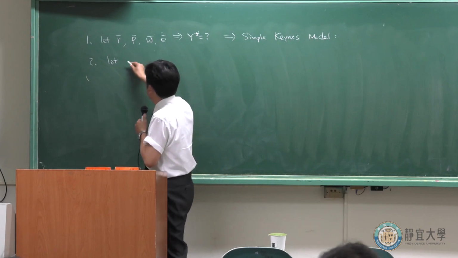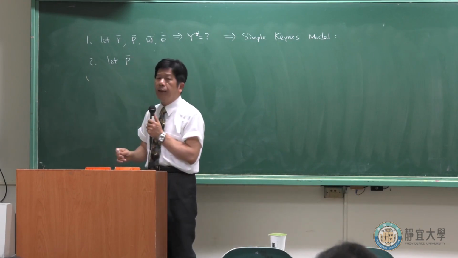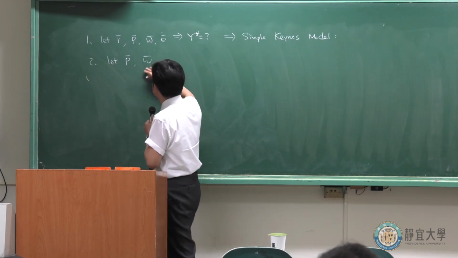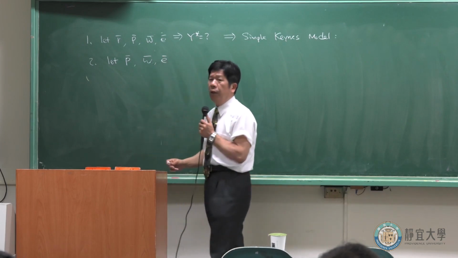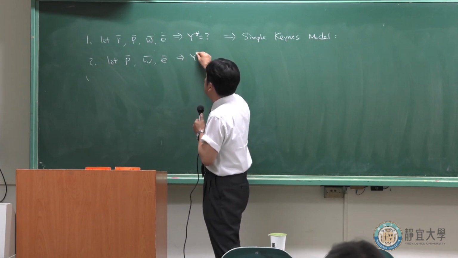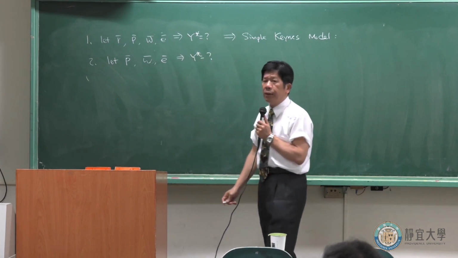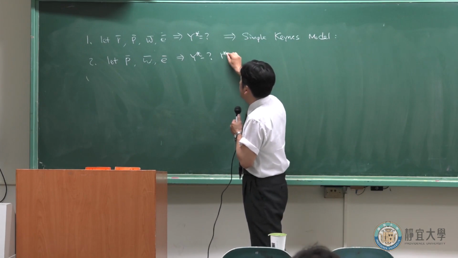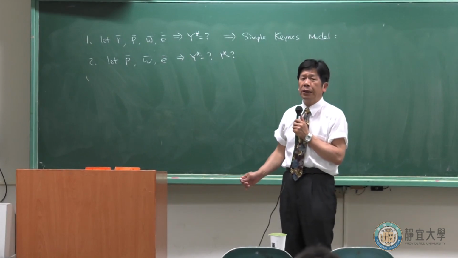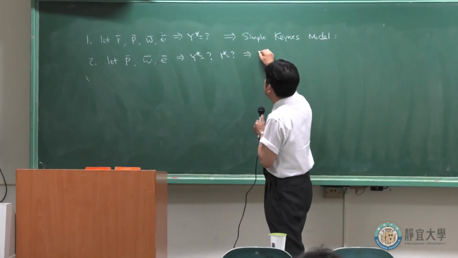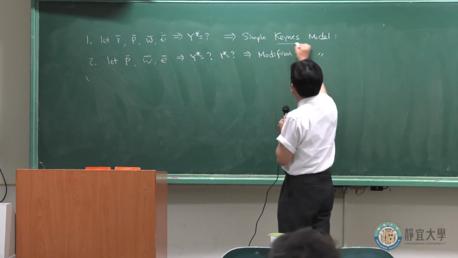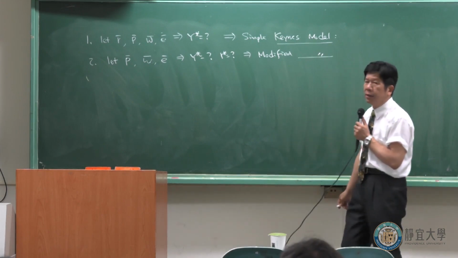It means we only let the price level constant, the wage rate constant and the foreign exchange rate constant, and then we try to find the equilibrium Y. And in the second one, we also try to know something about the interest rate. This model we call the modified Keynes model.